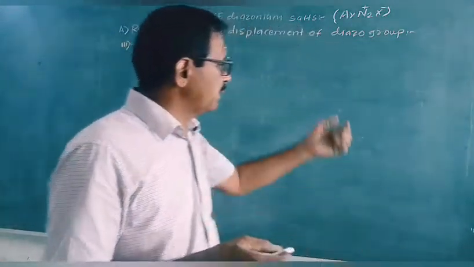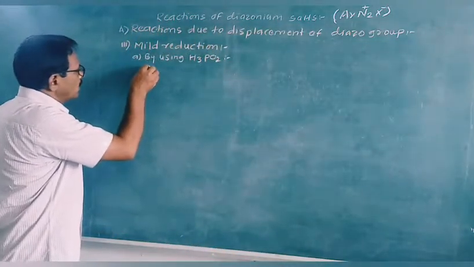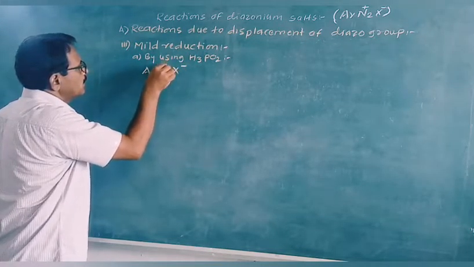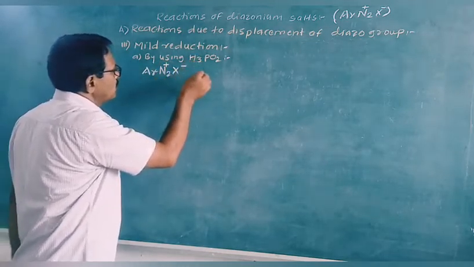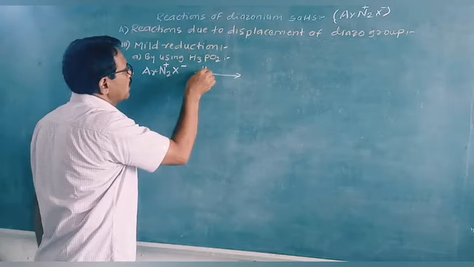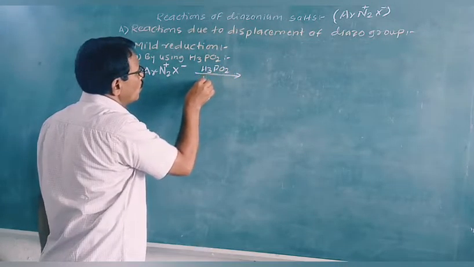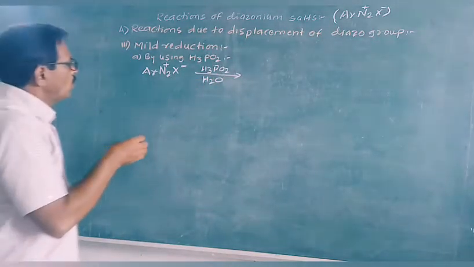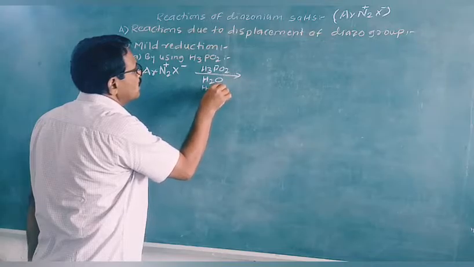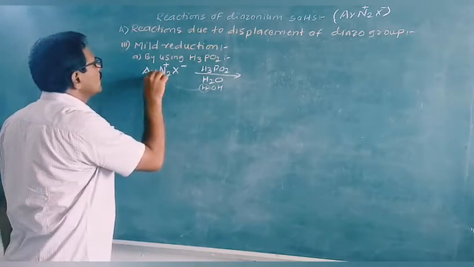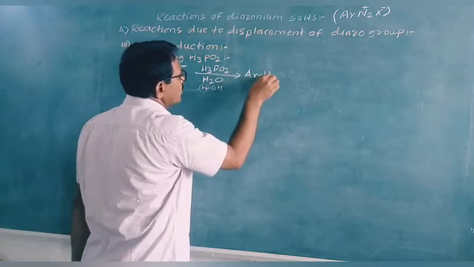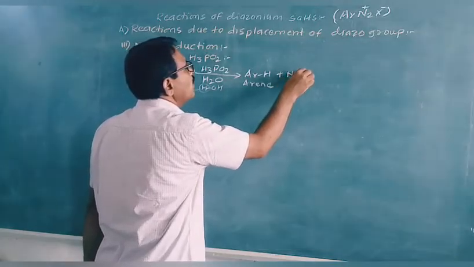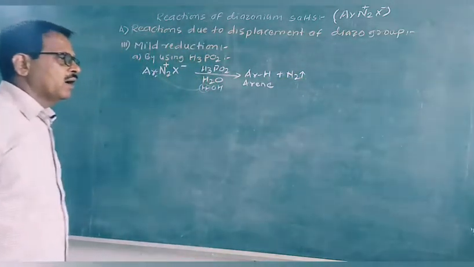When that arene diazonium salt, ArN2X, is reduced by using this reducing agent H3PO2 and water, here the formula of water is like H-OH. This hydrogen atom is attached to the Ar, giving ArH. It is arene, or formation of benzene takes place, plus N2 gas is given out.